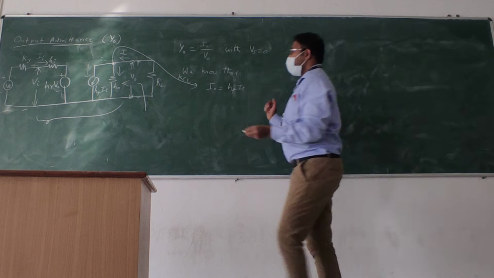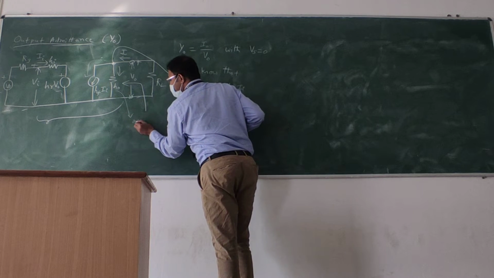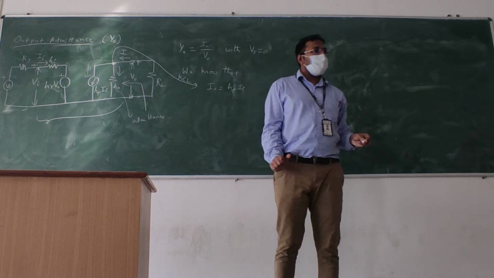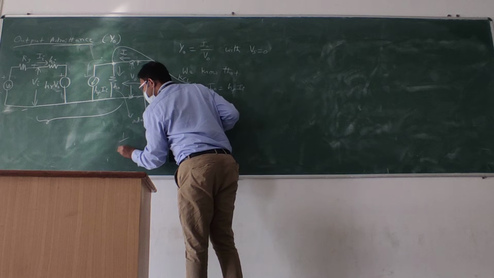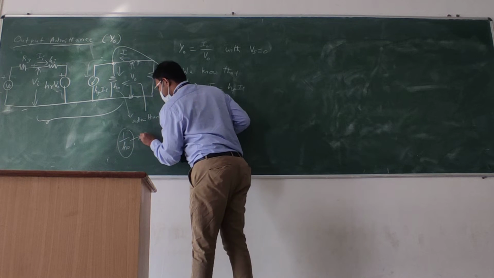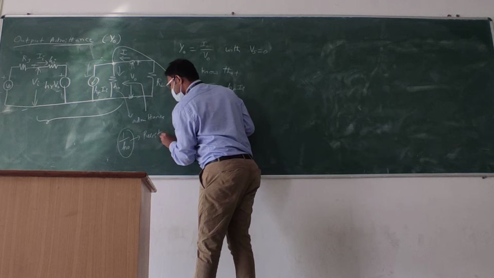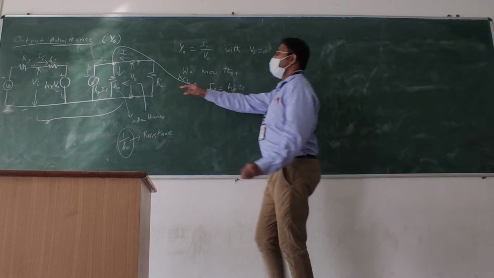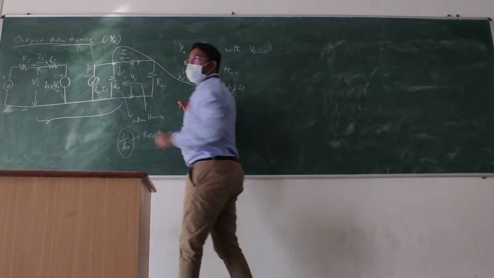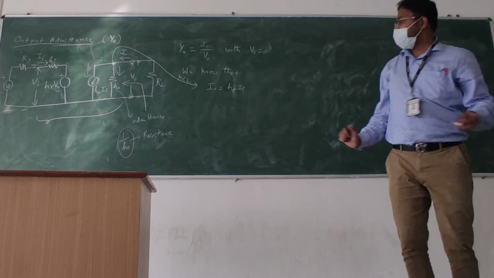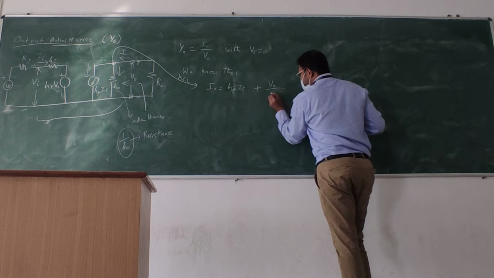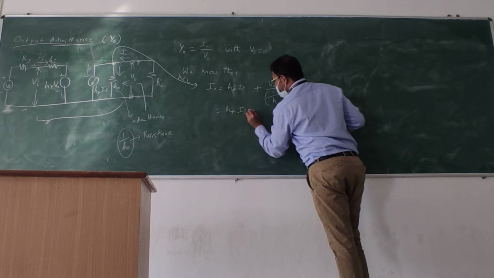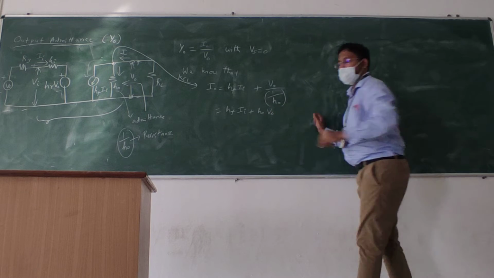Right? Here H0 is admittance, which means 1 by H0 is resistance. V naught by 1 by H naught. So this is HF I plus H naught V naught.